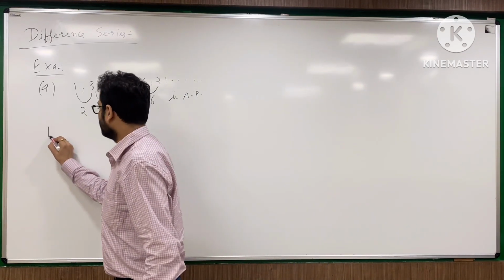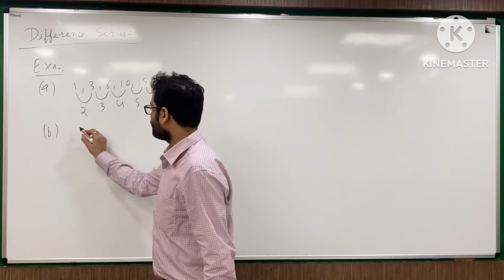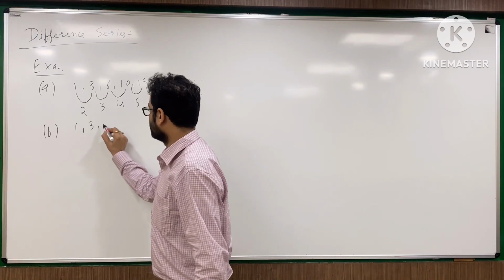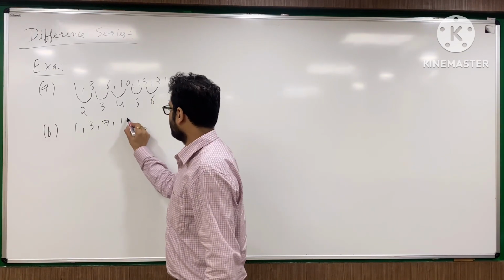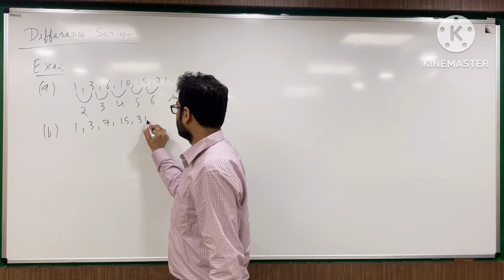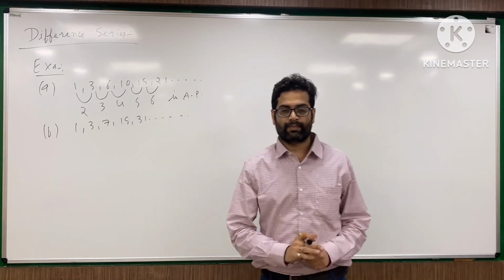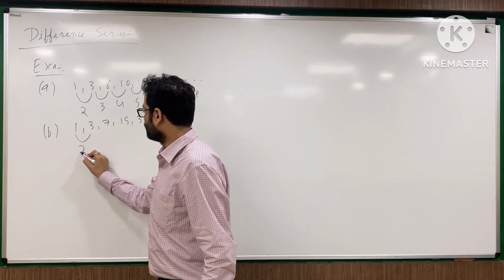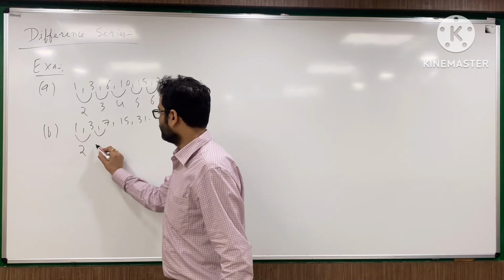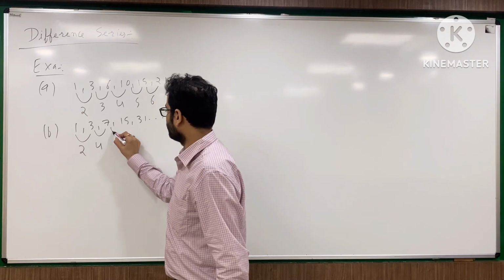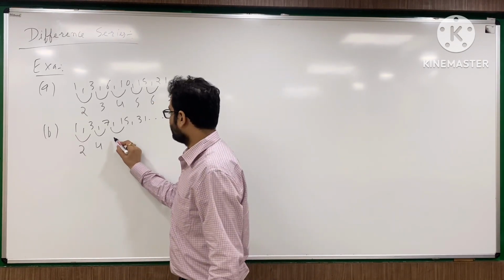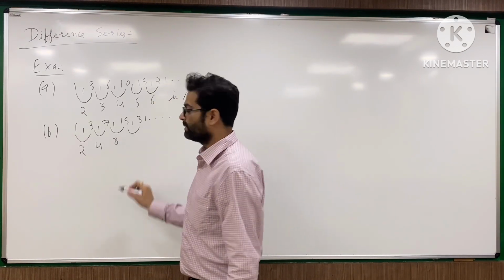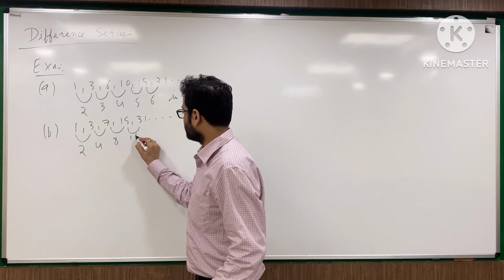Okay. Another example I will give you. 1, 3, 7, 15, 31. If we find the difference of the two terms, we find 2. The difference of the next two terms, we find 4. Then we find 8, and then 16.